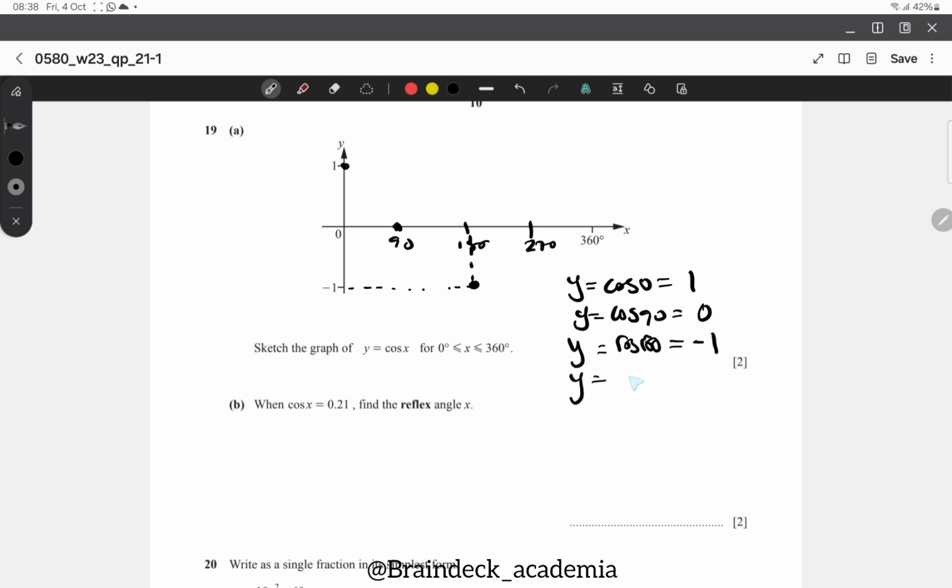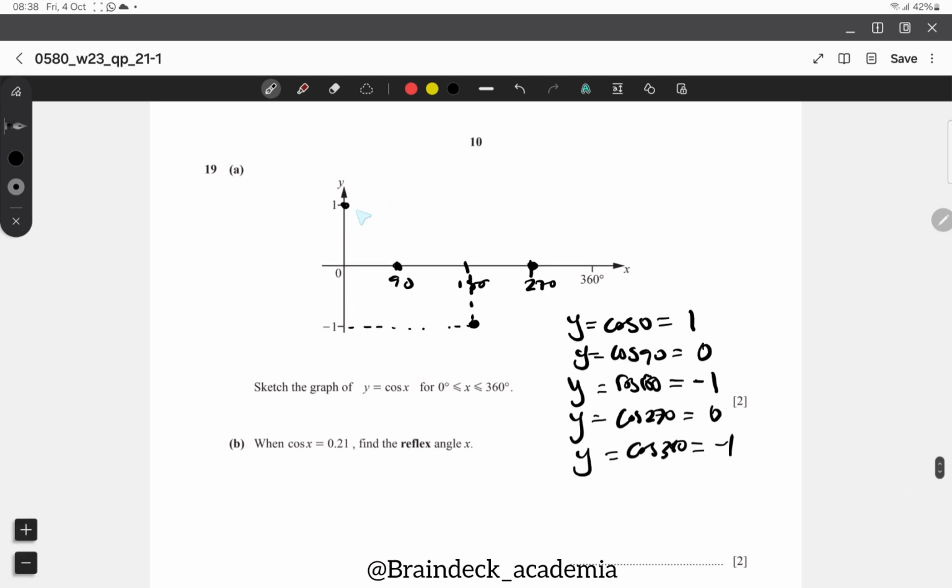Then when x is 270, cos 270, y will be 0. So I'll dot here. Then when x is 360, cos 360, y will be 1. Then I'll dot here. So looking at this, you can see that the curve goes something like this.